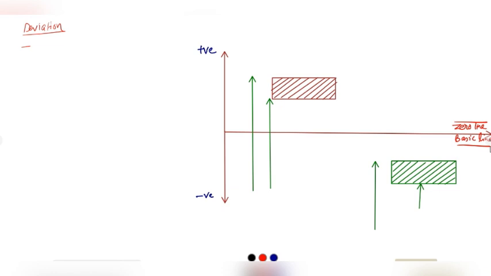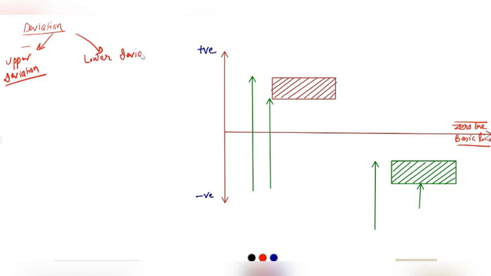Whether it is a shaft or a hole, we calculate the difference in its size from the basic line, and this represents the deviation. There are two types of deviation: first is the upper deviation and the second is the lower deviation.